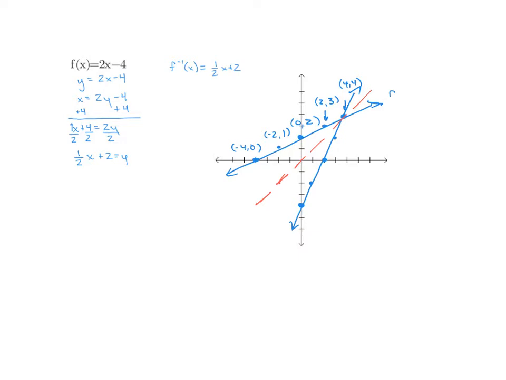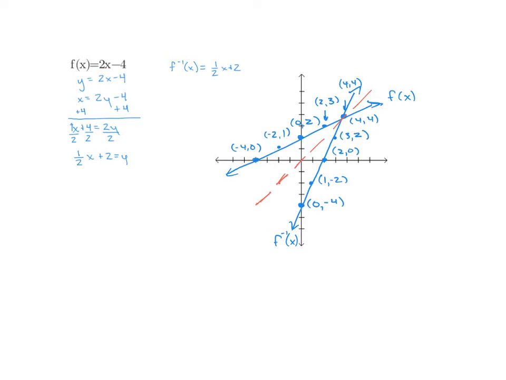That's going to be my f of x. On my f inverse of x, let's see what points we have. We have 0, -4, 1, -2, 2, 0, 3, 2, and 4, 4.